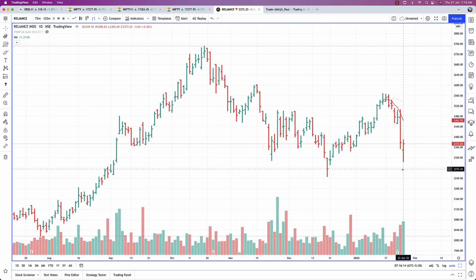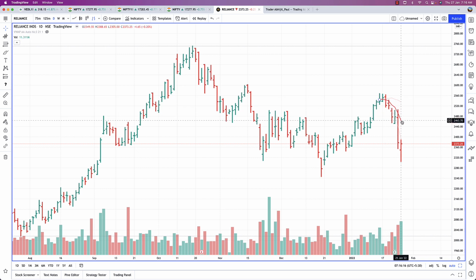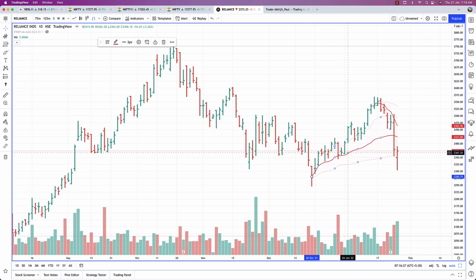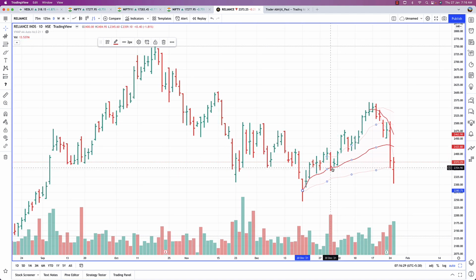Now in this correction, this is the VWAP, okay? And what about the erstwhile uptrend when the market was going up? So I can go and anchor myself here, and I can see that it did manage to give some supports.